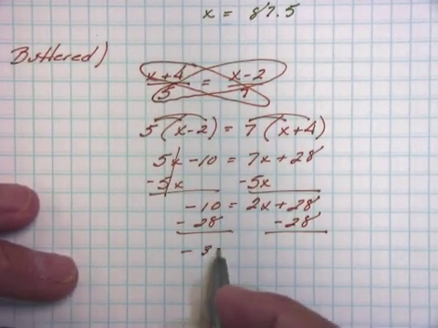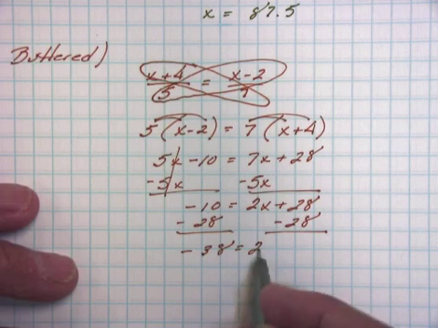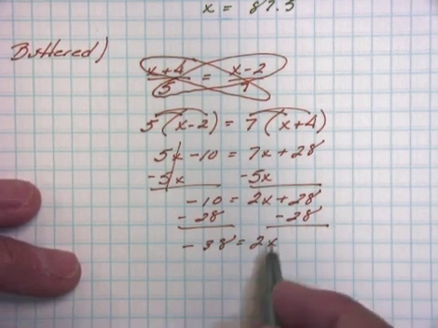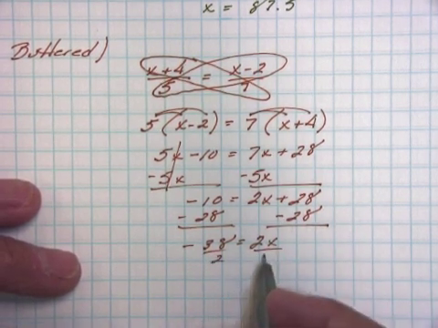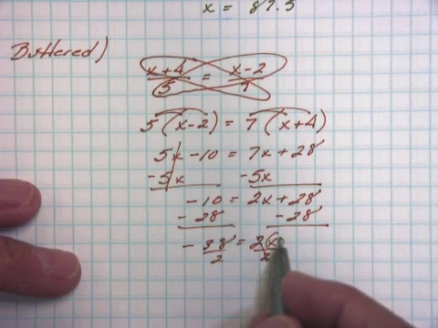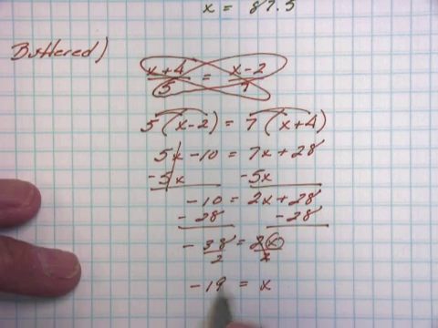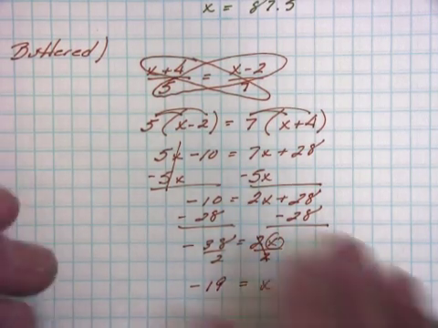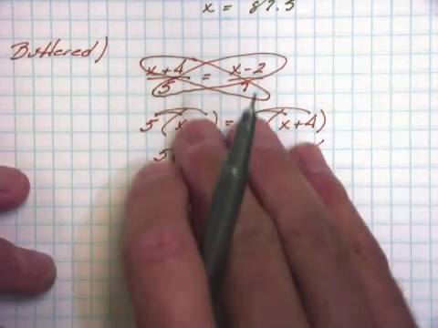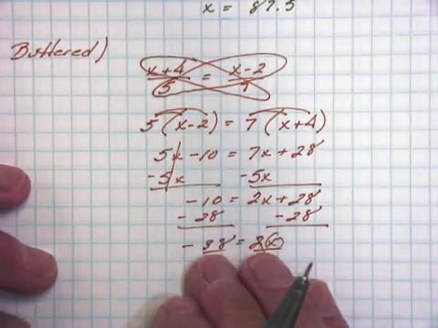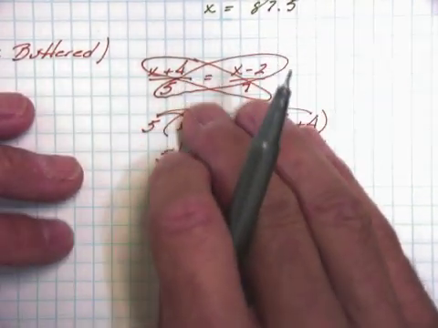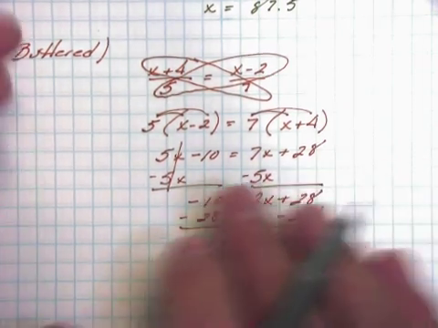Plus 28. Now I'm going to subtract 28 from both sides. And I get negative 38 equals 2x. And then I just divide both sides by 2. And the 2's cancel. I'm left with x equals negative 19.